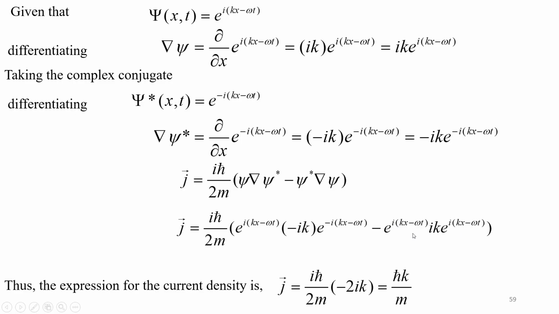You have minus ik, and already you have minus ik here also. This becomes minus 2ik. This 2 and this 2 will get cancelled. As I said, i into i multiplication will give you i squared, minus 1. So minus minus plus. The remaining term will be ħk divided by m. So the expression for the current density is ħk by m.